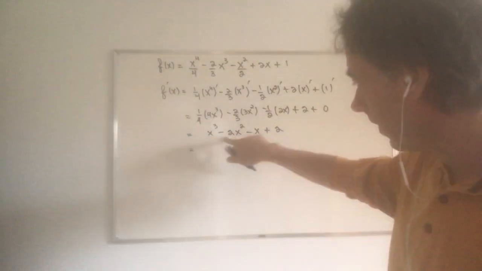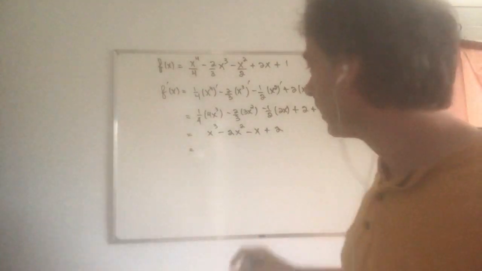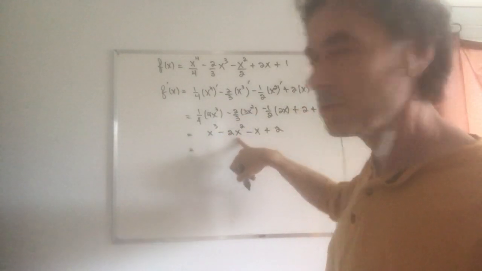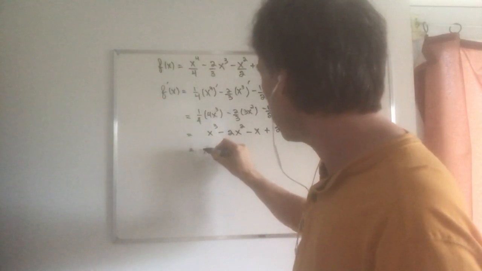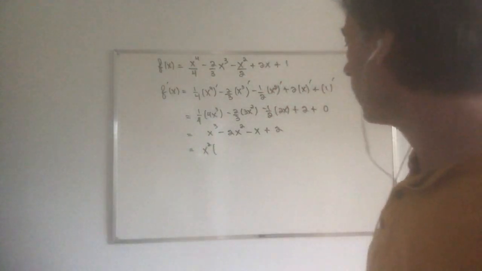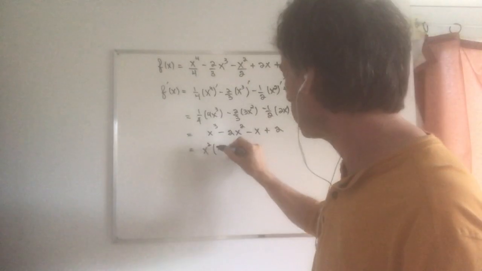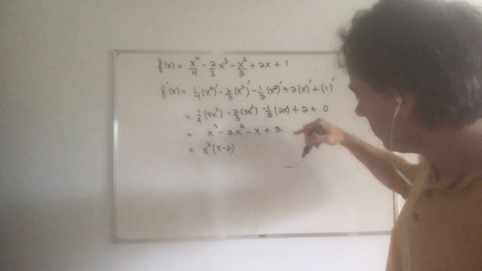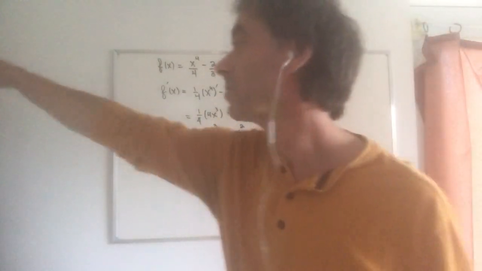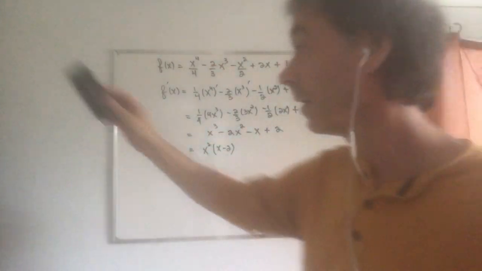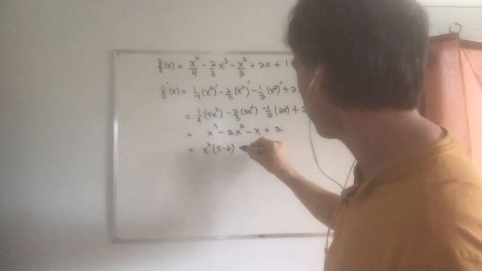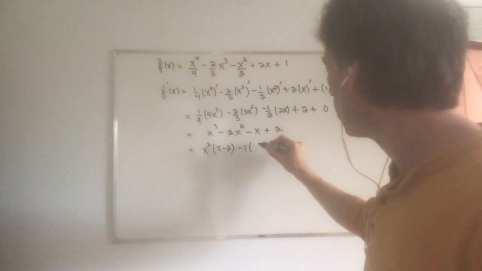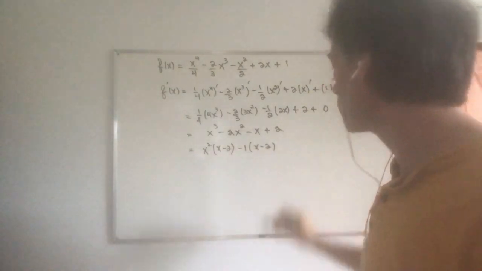Oh, are you thinking of factoring two by two? That's actually a pretty good idea. What can I take out from the first 2 terms? What's common to x^3 and minus 2x squared? I can take out an x squared. What will I be left with? x minus 2. What can I take out from the last 2 terms? Well, minus x plus 2 don't seem to have a lot in common, except perhaps a minus 1. If I factor out a minus 1 from minus x plus 2, will I not get x minus 2?